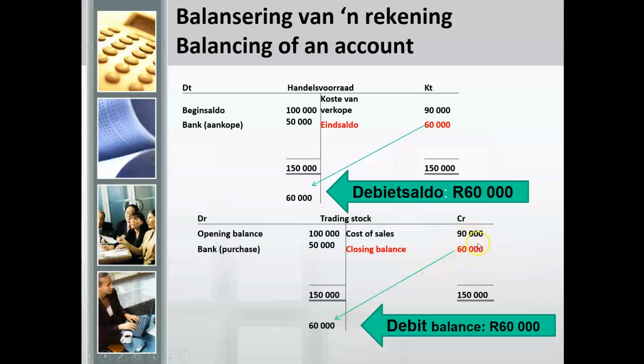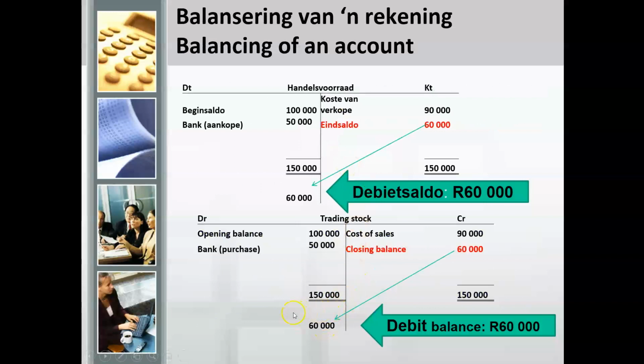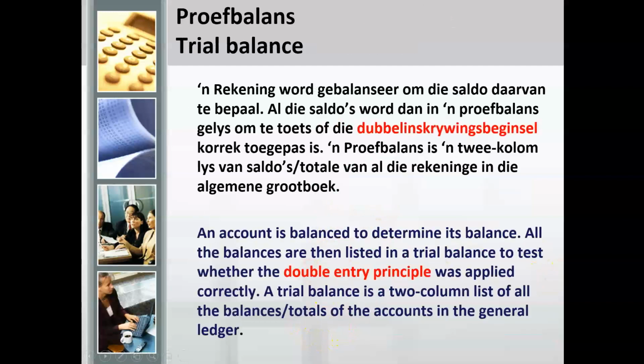So we carry over the balance on top of the totals, and we carry down the balance at the bottom of the totals. At the end of the year, that 60,000 carried down balance will determine that the trading inventory account has a debit balance of 60,000, and we know that trading inventory is an asset for us, so it should have a debit balance.